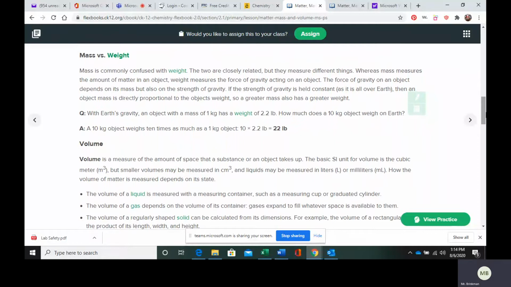So if we want to make it a little simpler, if you're on the Earth and you're on the moon, you are going to have the same mass in both locations. You're going to be made up of the same amount of stuff regardless of location. But weight, if you compare between the Earth and the moon, the moon has a much weaker gravitational field than the Earth. So your weight is going to be less on the moon than it is on the Earth.